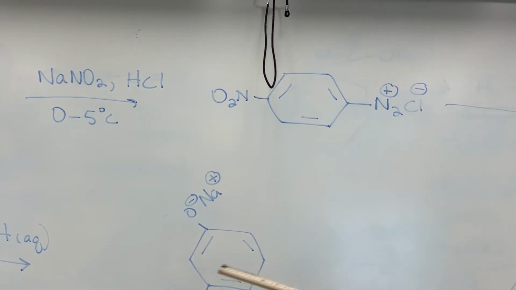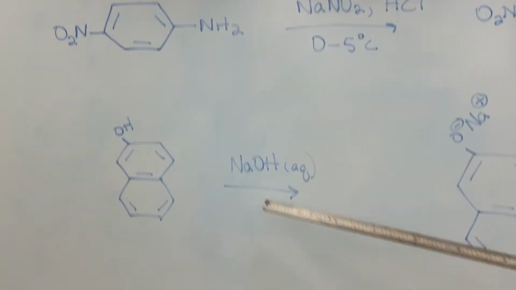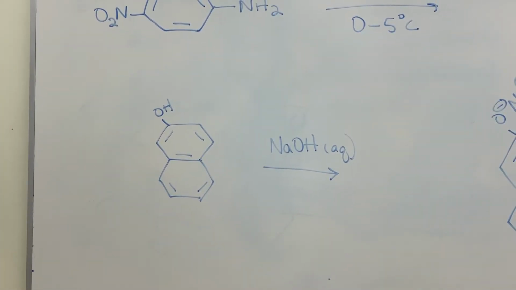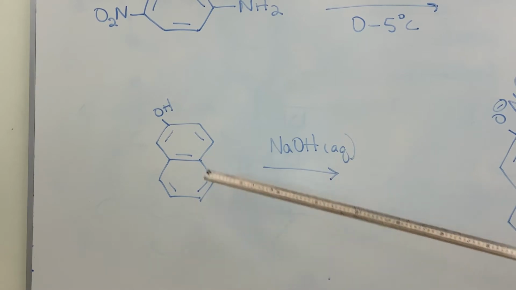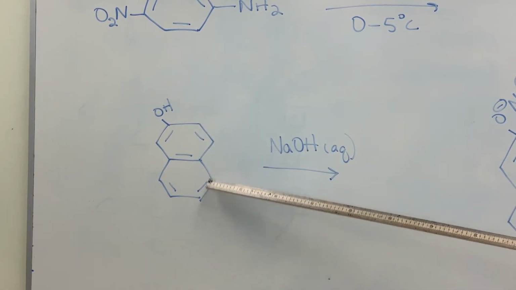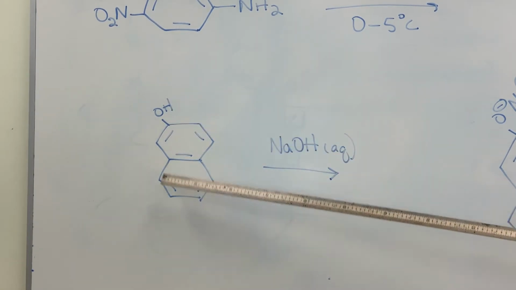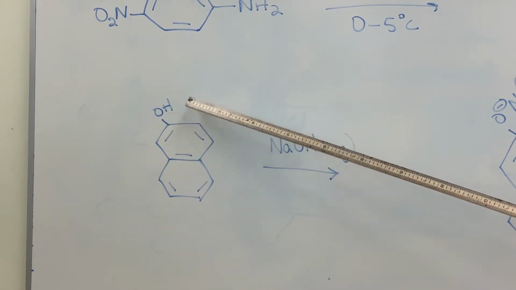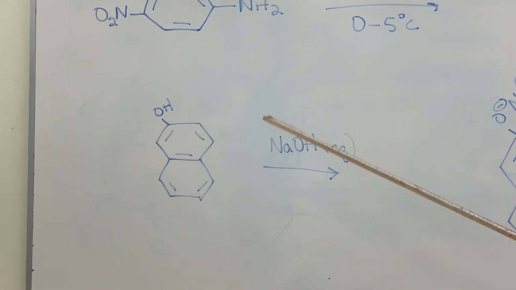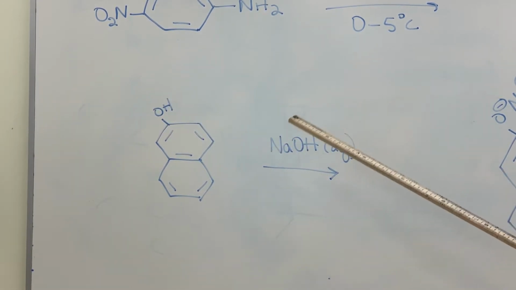And then the other component is called a coupling component, and your coupling component has to be some type of activated aromatic compound. It could be benzene or a benzene derivative. Notice here we're using naphthalene. We're using 2-naphthol, or some people call it beta-naphthol. When we say activated, typically you need something that can donate electrons into that aromatic system.